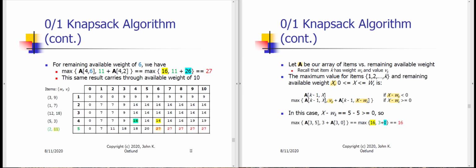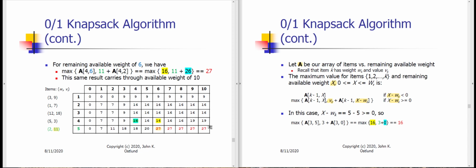If you grind your way through these computations here, you'll see that 27 continues on for the remainder of the table. Well, goodness me, that took quite a bit of doing. But we finally got this bloody table filled.